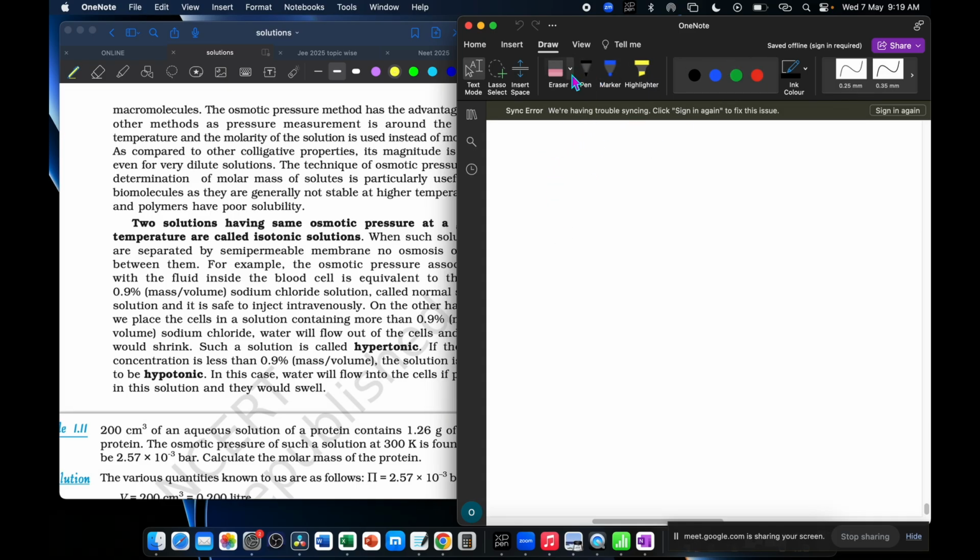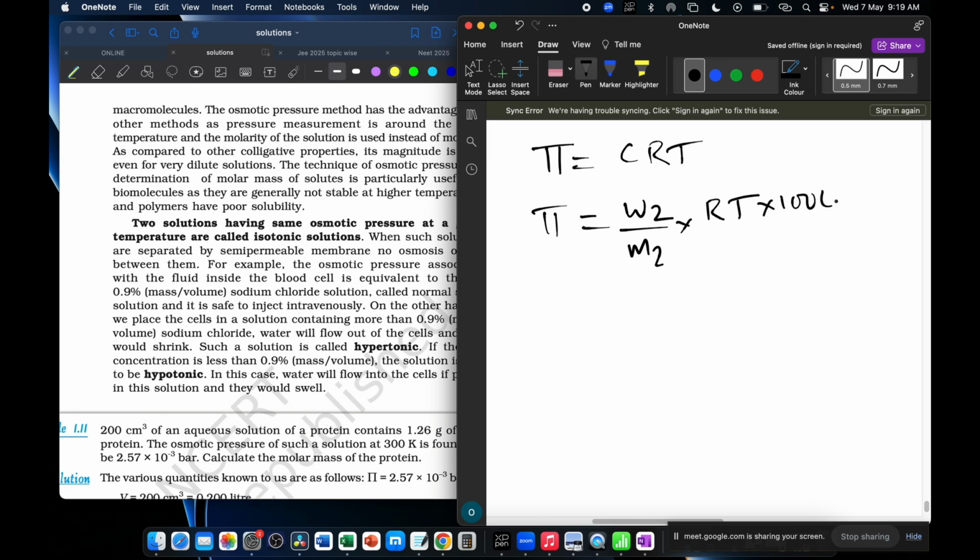So the formula we use here is pi equals CRT, or pi equals W2 by M2 into RT into 1000 by V. This is the formula we are supposed to use. So we need to calculate M2.